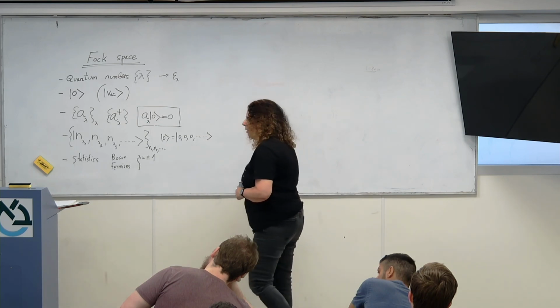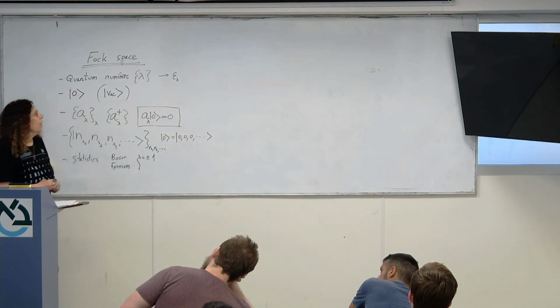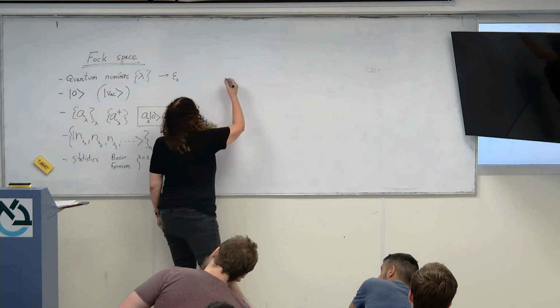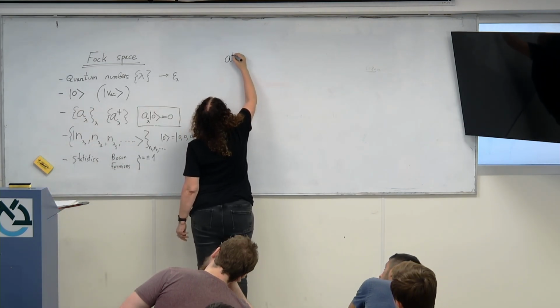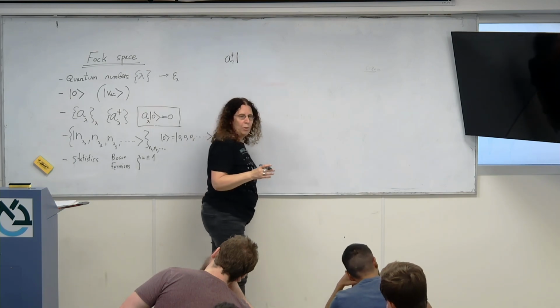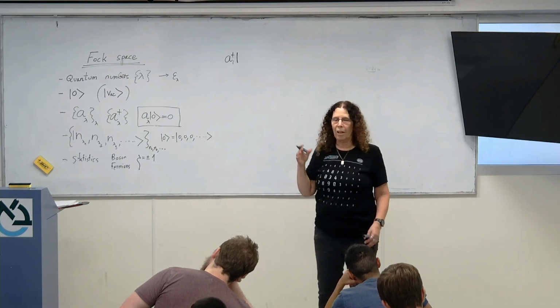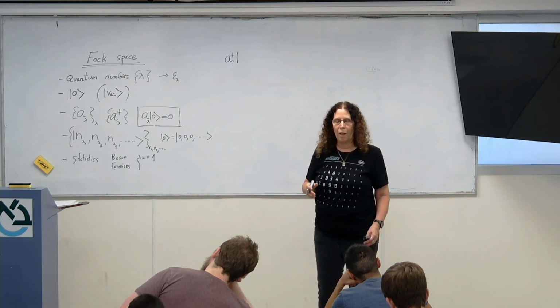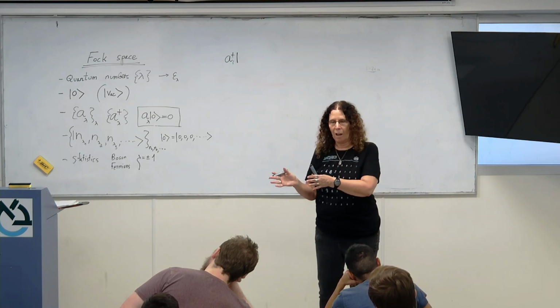So last time we also defined a creation operator, and I remind you of the definition. So how do you define generally an operator in any Hilbert space? You take an arbitrary basis state and see how the operator acts on it.